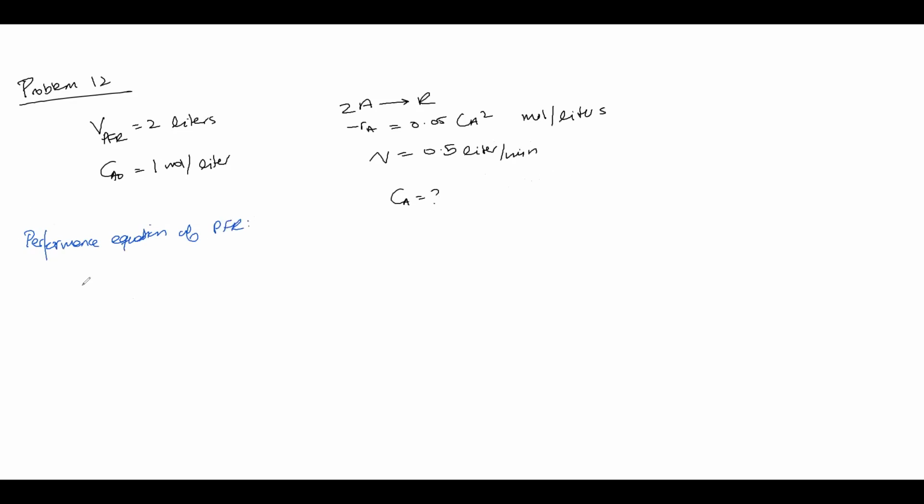V over V naught is equal to Ca naught times the integral from 0 to XA final of dXA over minus RA. And it really depends on your preference. I've seen some of you really like to work with the conversion expressions. If you're doing so, just be careful with the math.